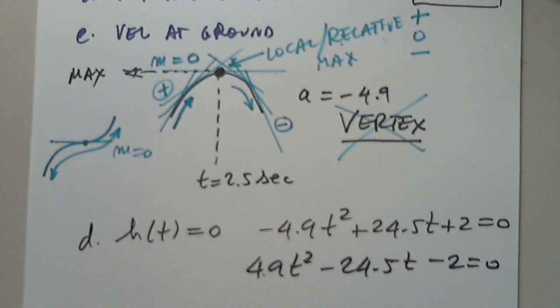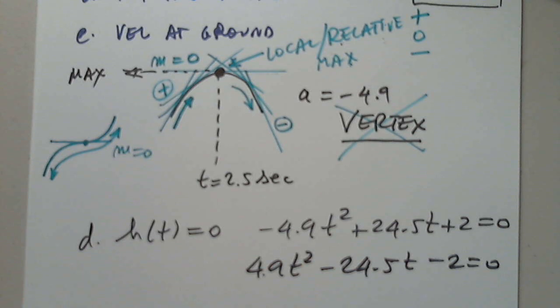It's second degree, but they call it order. That's fine. And the leading coefficient is 4.9. The next one is negative 24.5. And the next one is negative 2. And just give me the answer, please.